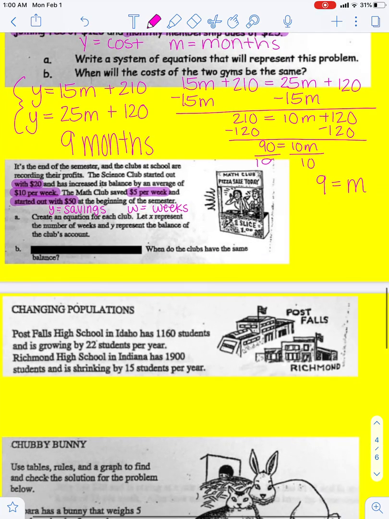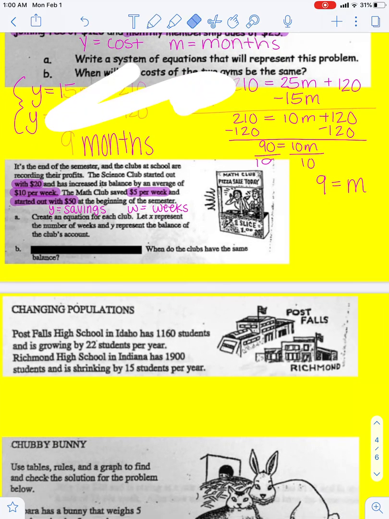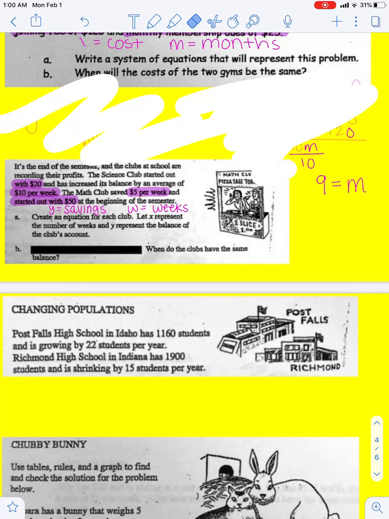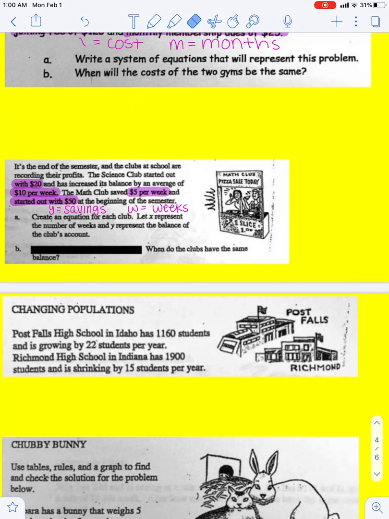So here, I'm going to erase all the stuff from this first problem so we've got some room. So here, the science club started out with $20 and increased by 10 per week.